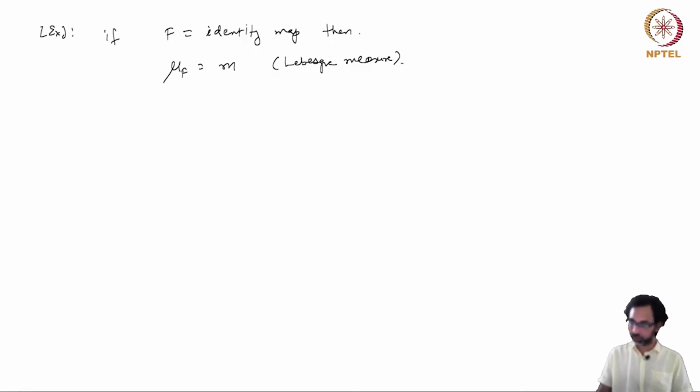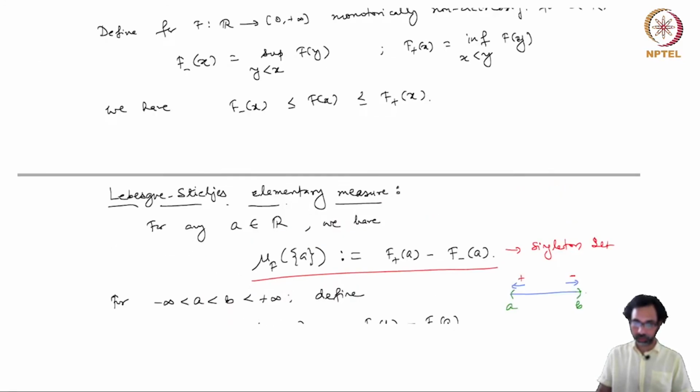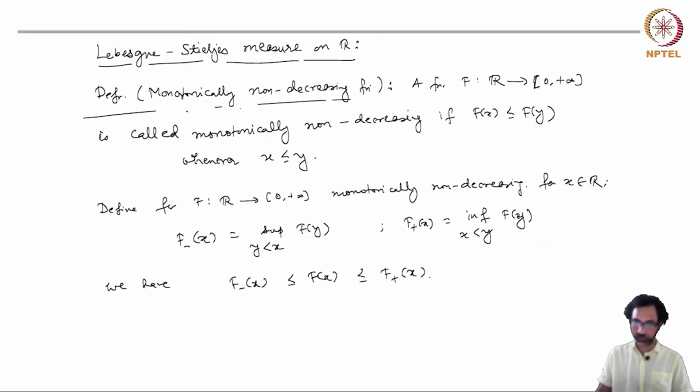So one subtlety here is that I defined it for a monotonically non-decreasing function which takes extended positive real values, but I should actually try to replace this by R. So if you have a real valued monotonically non-decreasing function, then you can define the whole thing, and the identity function is then admissible here as a monotonically non-decreasing function.